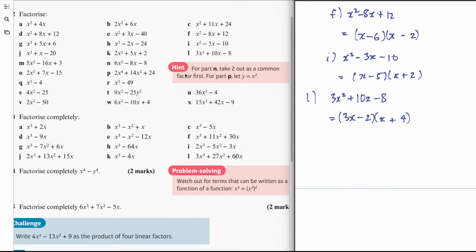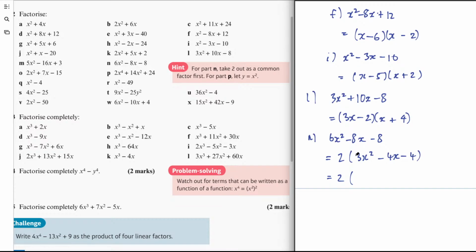Alright, let's do n because it looks like n is slightly different to the other ones. So n, we have 6x squared take 8x take 8, and it says take 2 out as a common factor first before factorizing. So if we take 2 out, we'd have 3x squared take 4x take 4, and then we need to factorize this.